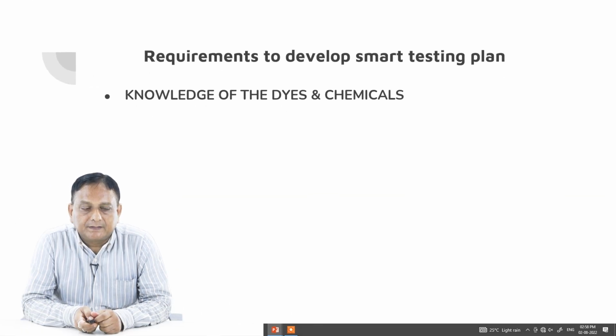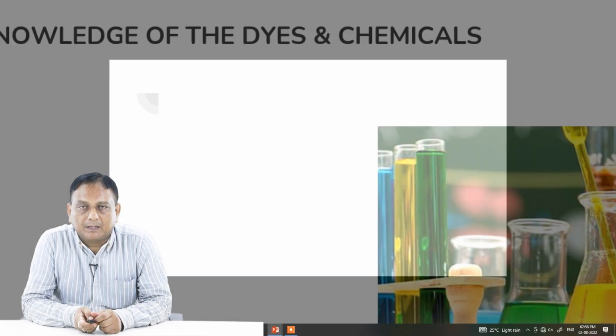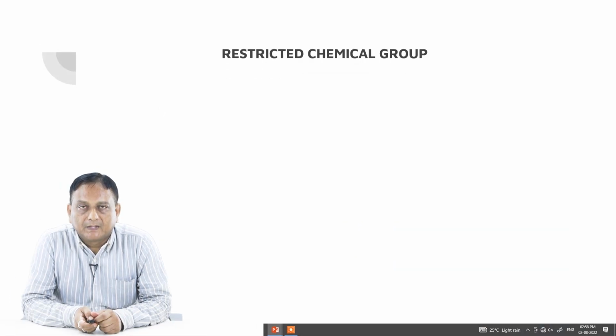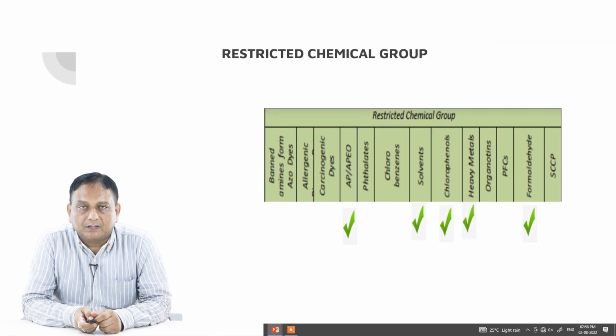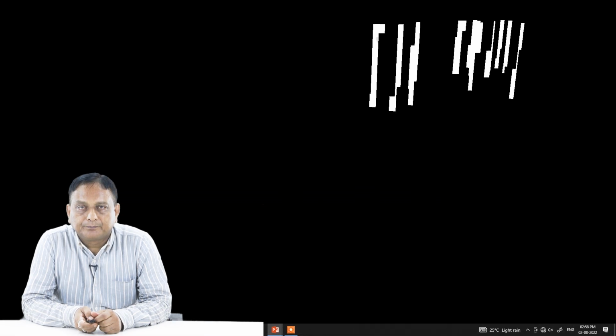Then knowledge of the dyes and chemicals is also very important: what type of dyes and chemicals have been used there. And the restricted chemical groups available, like APEO, chlorinated benzene, azo dyes, etc.